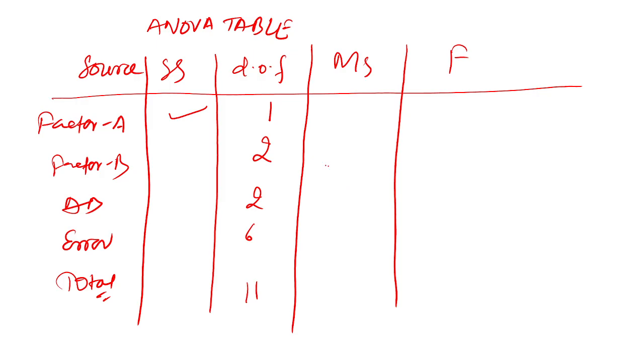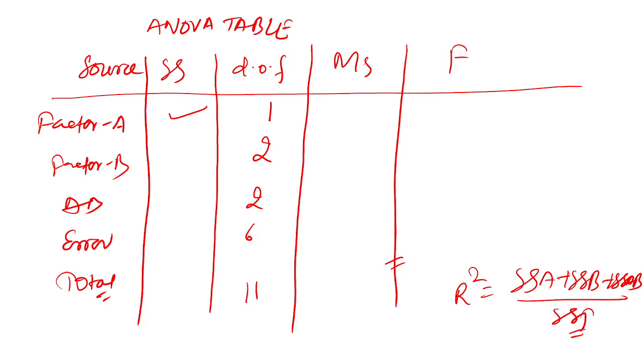And this one we have 11. So I think it's clear now. Now we can go with the R square also. R square will be SSA plus SSB plus SSAB by SST. I think till here it's clear, how we calculate the interaction effect. So this is called two-way ANOVA, is it?